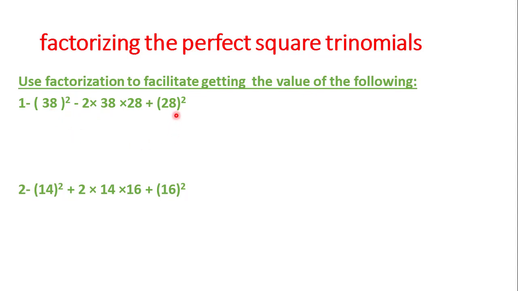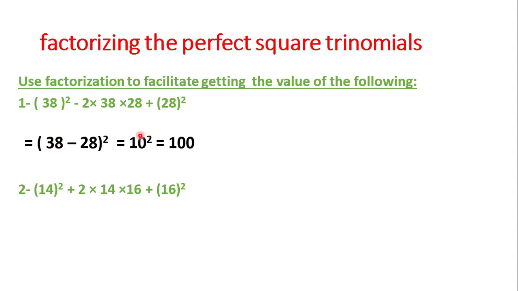The third is a perfect square and positive. The middle is 2 times root first times root third. So this is a perfect square. So I can factorize it as 38 minus 28 all power 2. 38 minus 28 all power 2 means 10 power 2, which is 100.